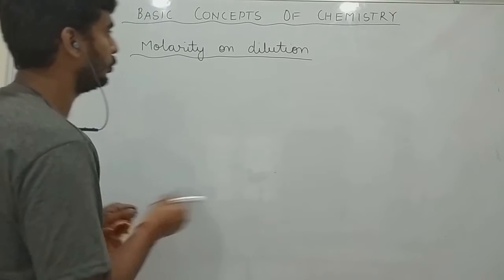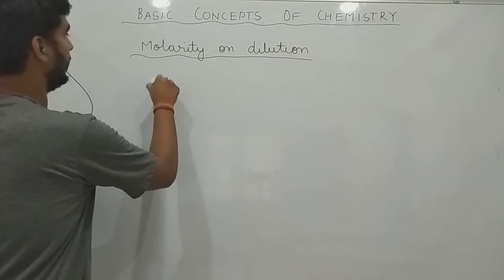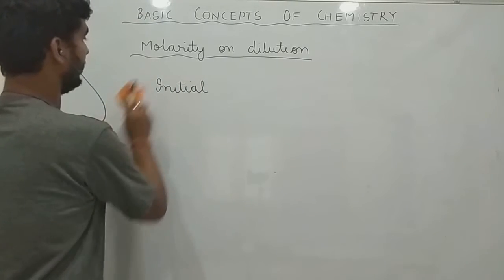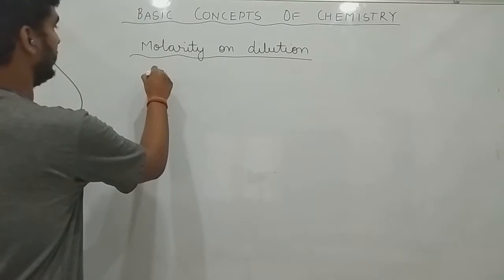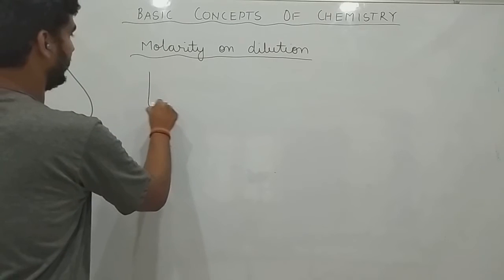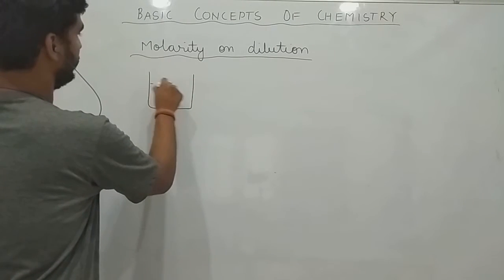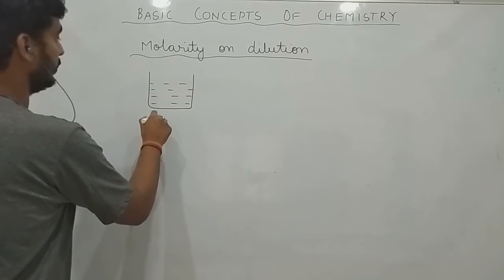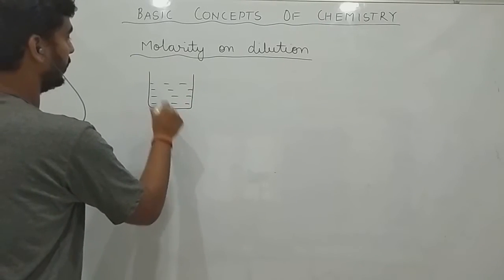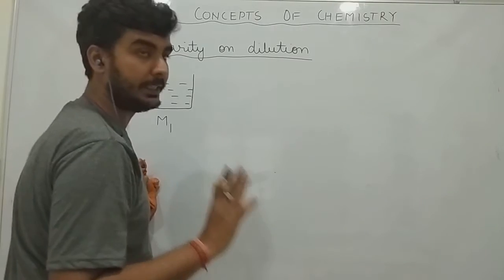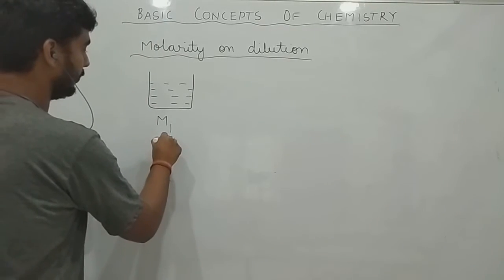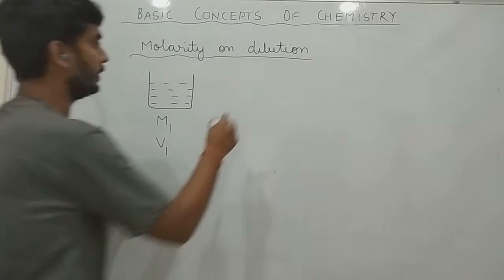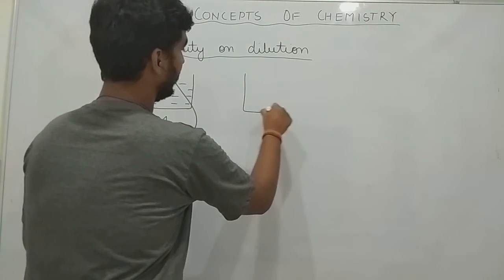So what happens when a solution is diluted, or what is the impact of dilution on the molarity of the solution? Let us understand it with a diagram. Suppose initially there is a solution whose molarity is M1 and its volume is V1.